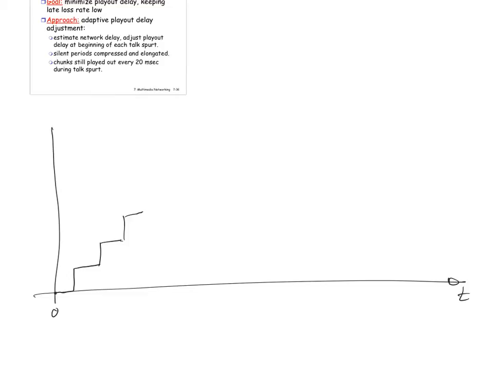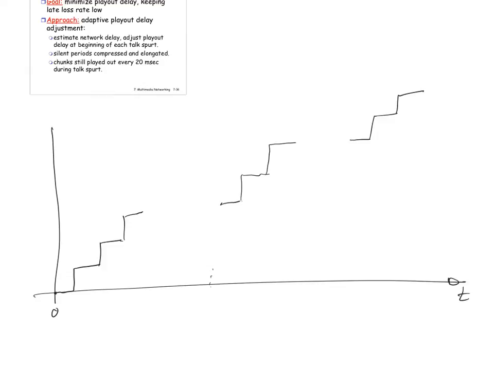So I stop. I finished my sentence. So I'm waiting for the other person to respond back. After some time, I start generating other packets. And then I stop, right? That's typically how the interactive application works. After some time, I will start generating other packets and things like this.